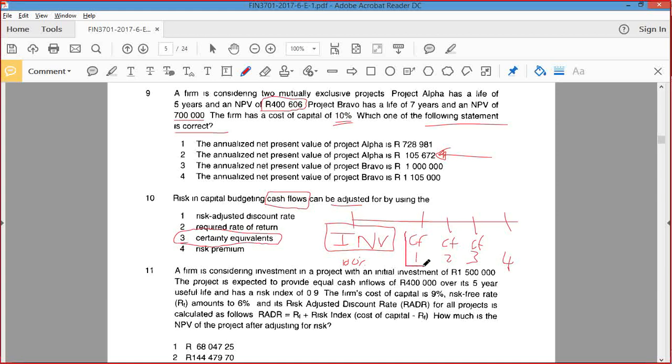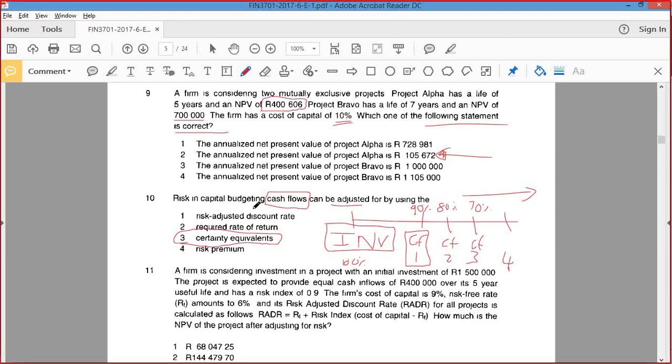Cash flow 1, you might be pretty confident predicting, maybe with 90% accuracy. Cash flow 2, maybe 80% accuracy. Cash flow 3, maybe 70%. So as you go on in time, cash flow becomes more difficult to estimate or predict because no one knows what's going to happen in the future.